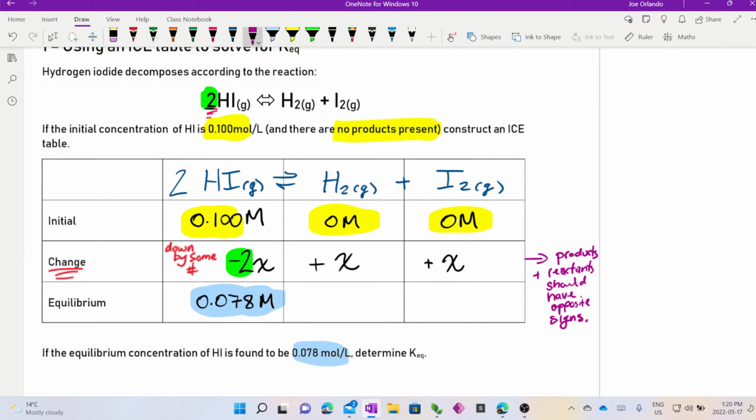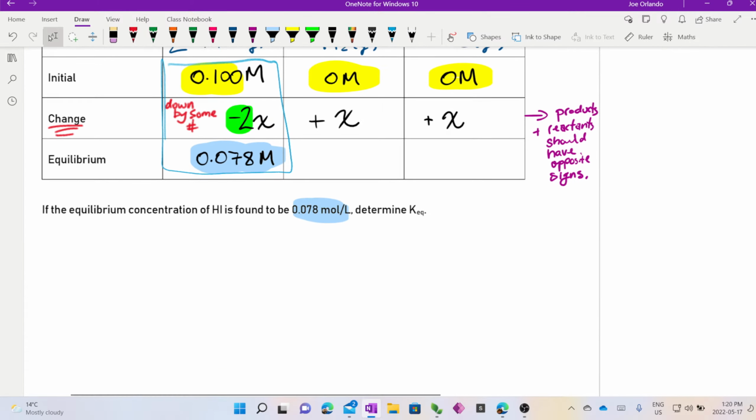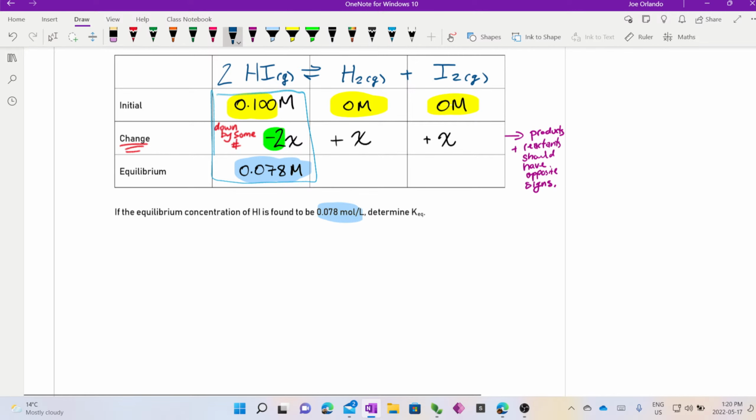Now, in this case, can we solve for x? Well, we actually have a bit of an equation here, don't we? What equation do we have there? So I'm going to say 1. We can solve for x here.